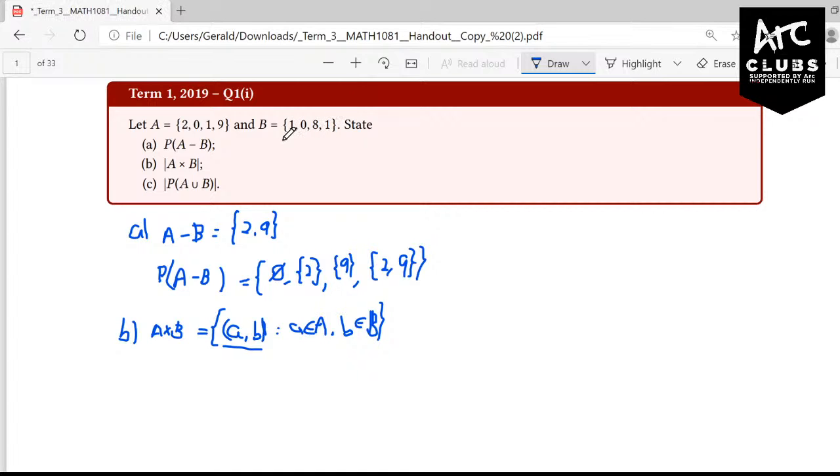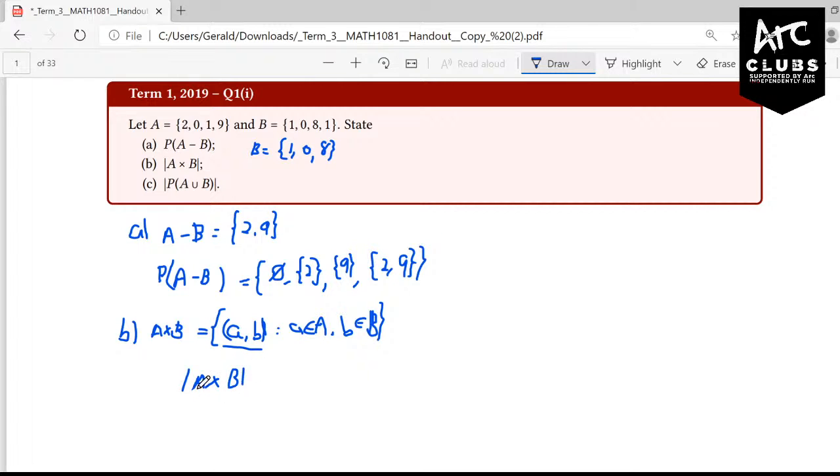So this is just the same as 1, 0, 8, right? So we can treat B the same thing as 1, 0, 8. And from here, it's pretty obvious that for every element a, we need to pick one of 3 elements in B. And so because you have 4 elements in A, then you'll have 3 elements in B. So your final answer should be just the product of the 2.